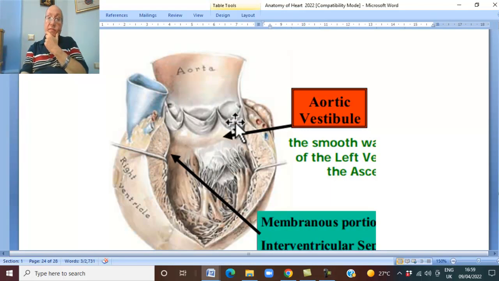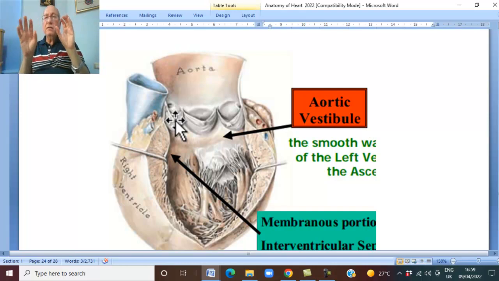The valve and the opening here are surrounded by a fibrous ring, and this fibrous ring gives the attachment to the cusps of the valves. The aortic valve has 3 semilunar cusps, like the pulmonary valve.